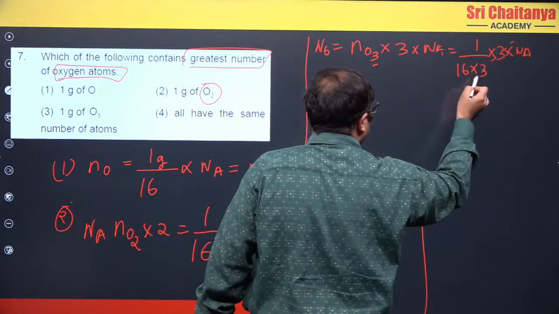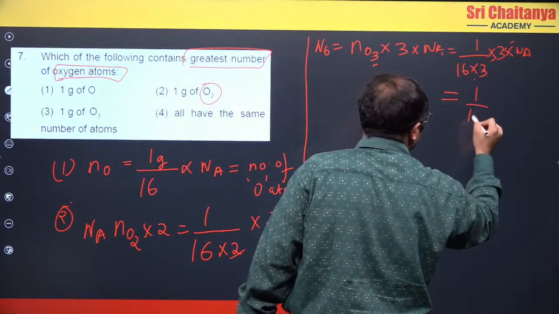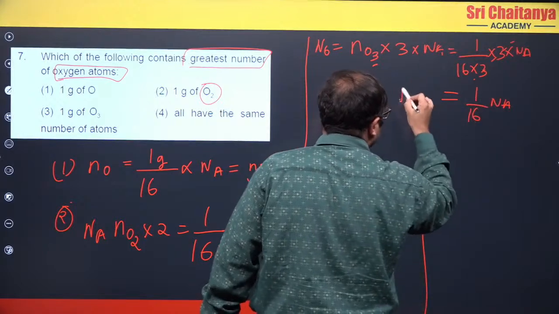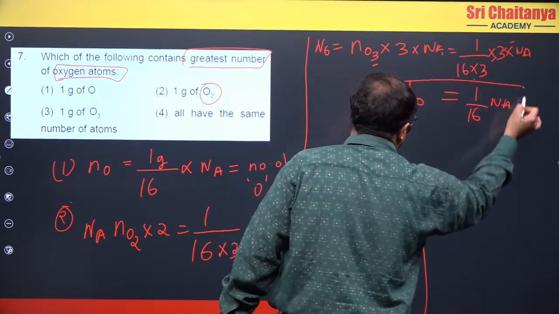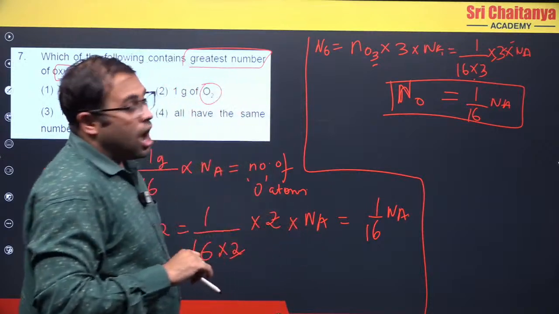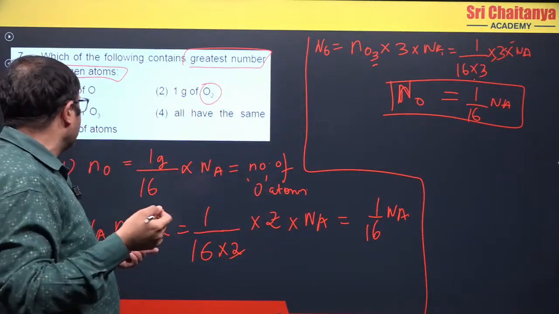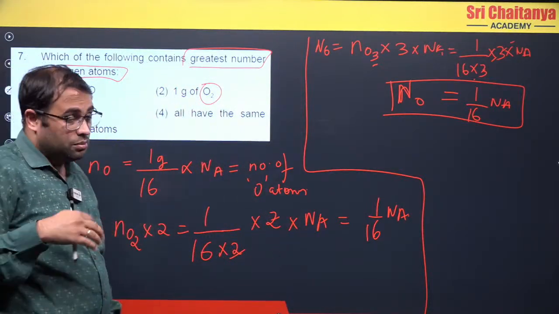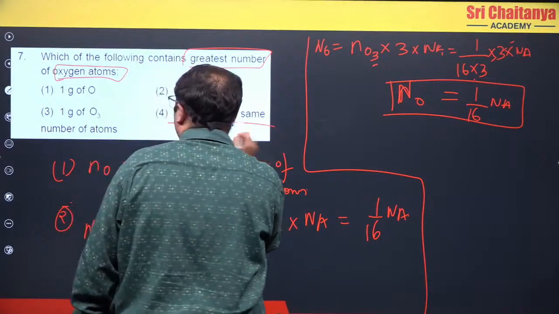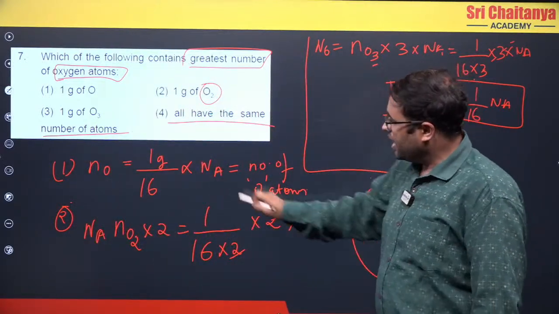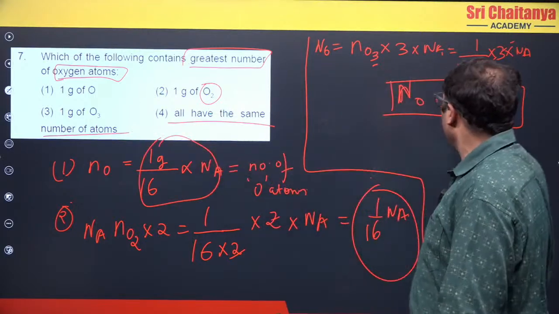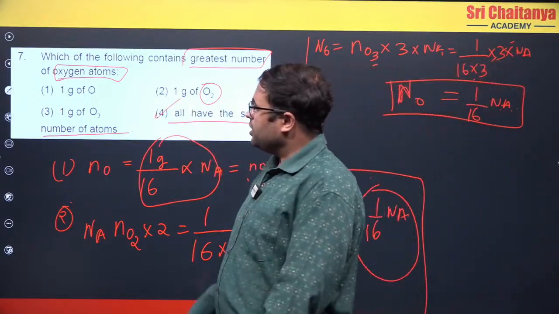Again, you can cancel this out. Again, you will get 1 by 16 Na as the number of oxygen atoms. So now, when you are getting 3 correct answers, it means all have the same number of atoms, which is 1 by 16 Na, 1 by 16 Na, 1 by 16 Na. Fourth is the correct answer.